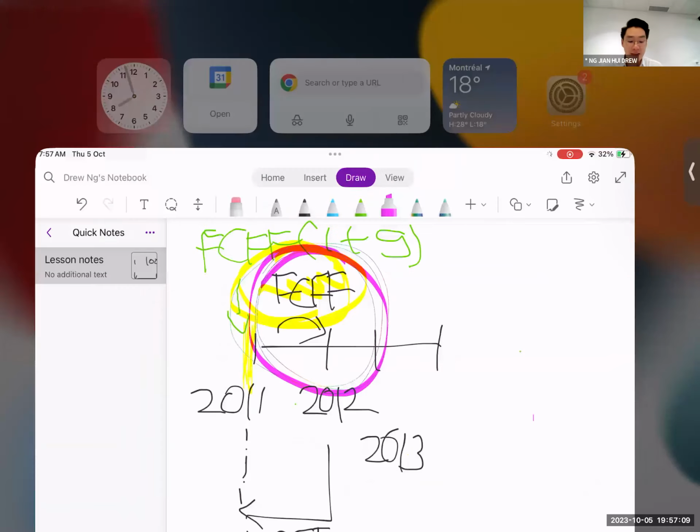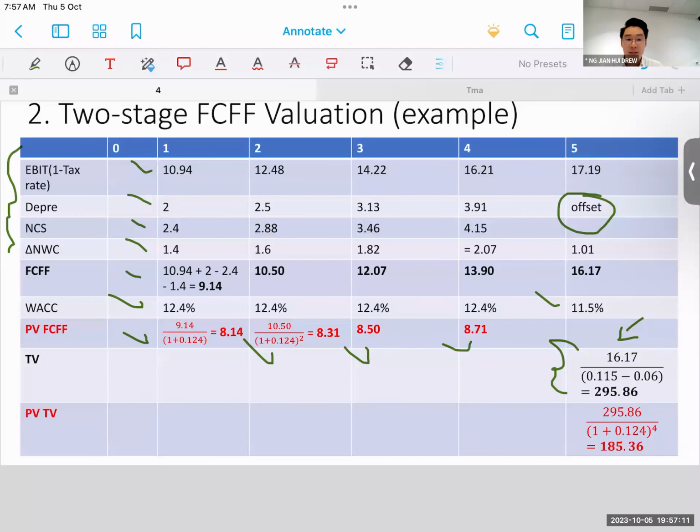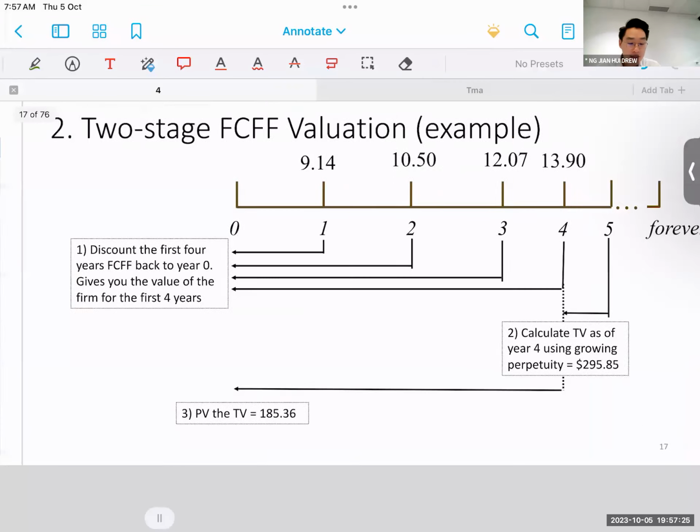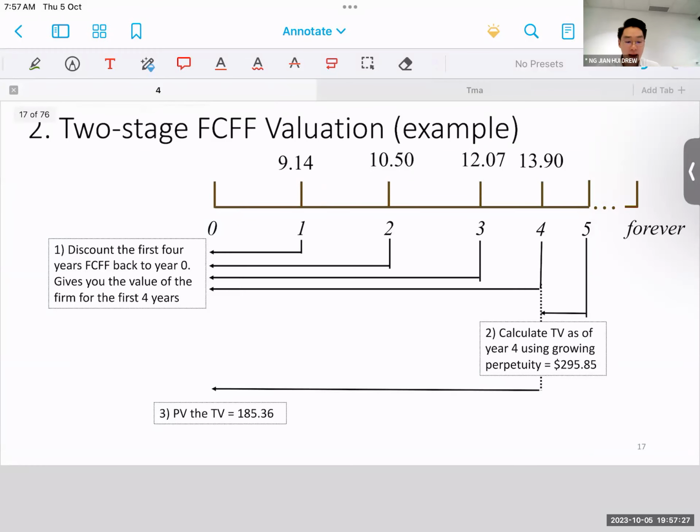So that's why we did not multiply by 1 plus G. So we calculate terminal value using the growing perpetuity. We do the PV of TV given here, and last but not least, we add it all back. For explanation, I've added the timeline here to explain the reason why we did not put the 1 plus G for the terminal value.